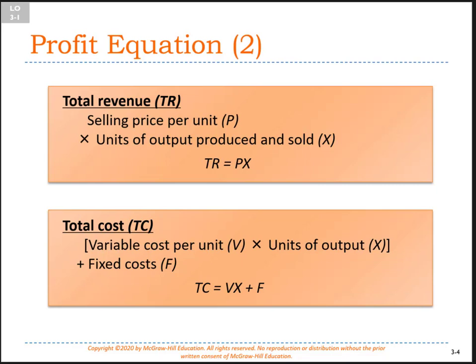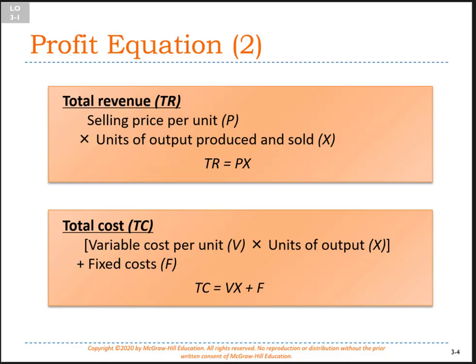And we're going to, most of the time, assume that that's going to stay the same based on volume, meaning it's not going to be different for the first 10,000 we sell versus the second 10,000. Now, that may not be entirely true sometimes, but it's the assumption we're going to make and the equation we're going to use. Times units of output produced and sold.